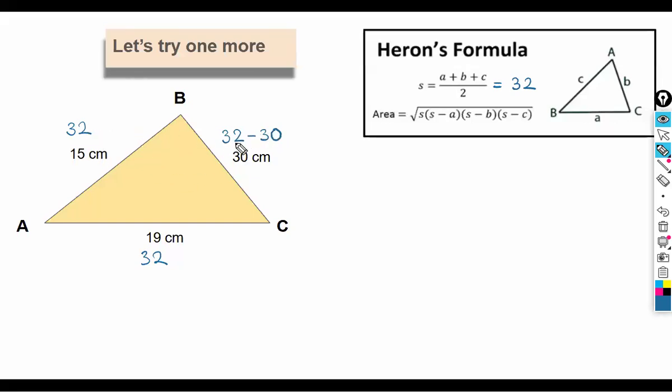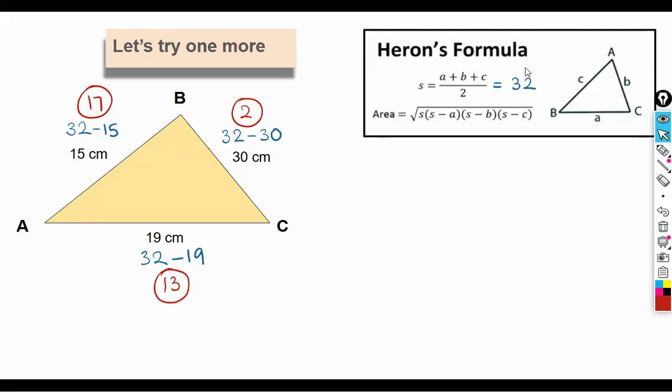So the 32 minus 30, then 32 minus 15, and 32 minus 19, right? So I'll put those answers in. 32 minus 30 is 2. 32 minus 15 is 17. And 32 minus 19 is 13.